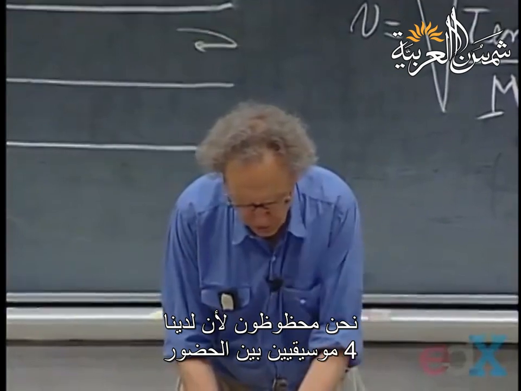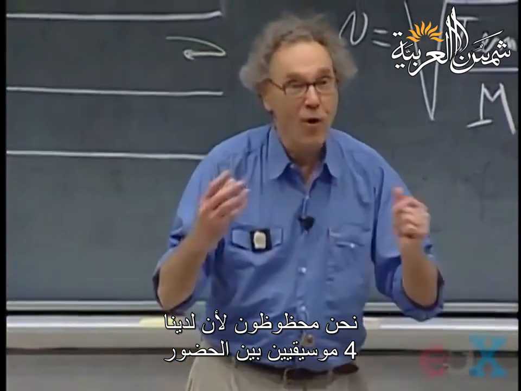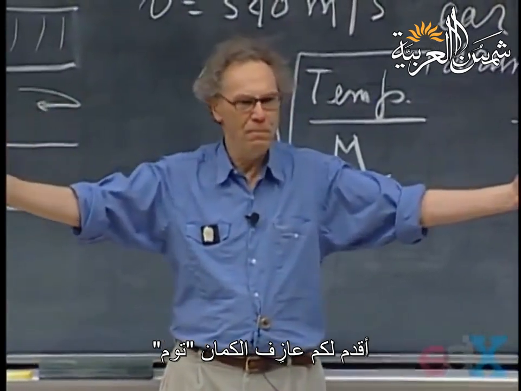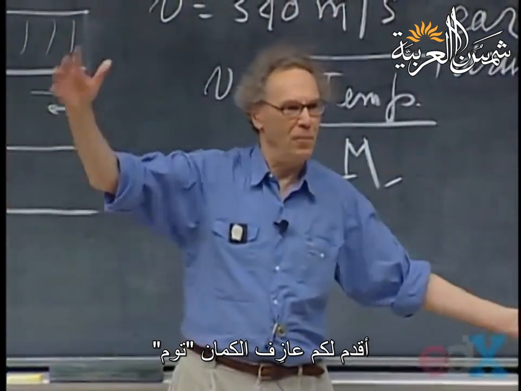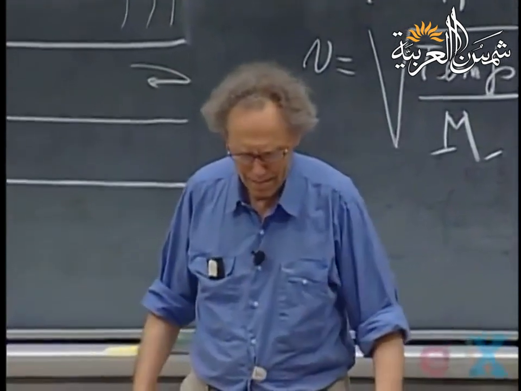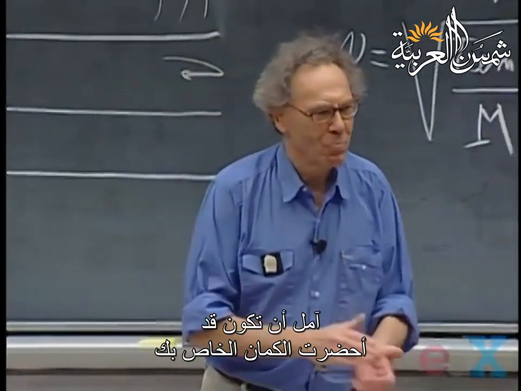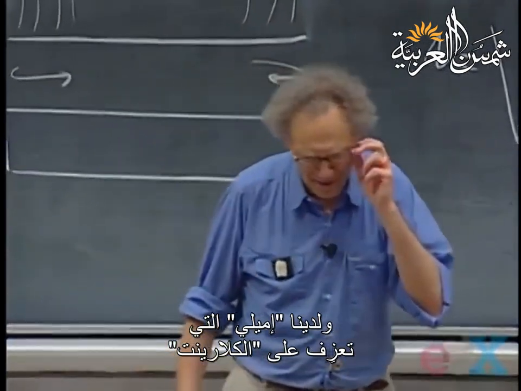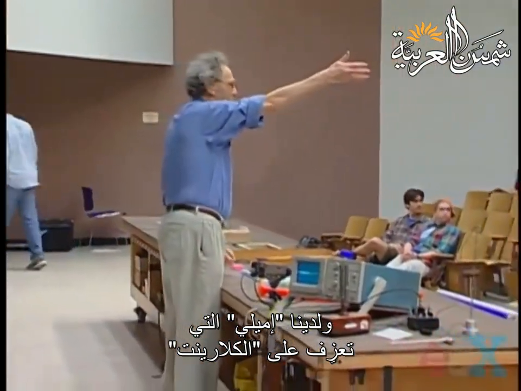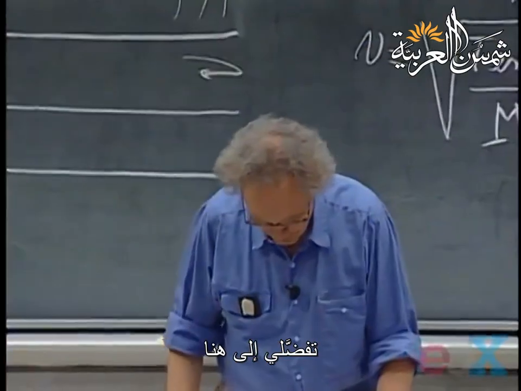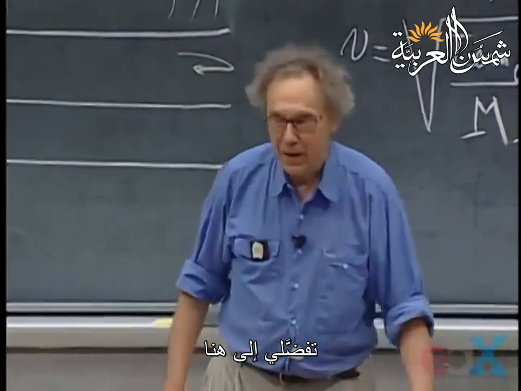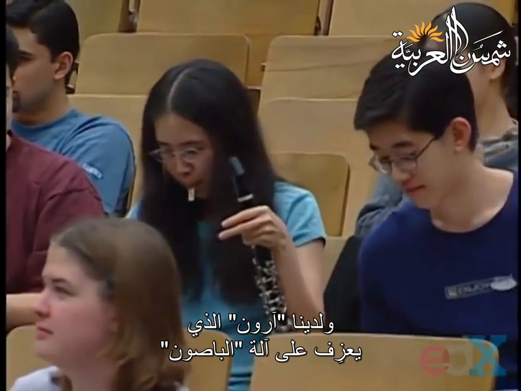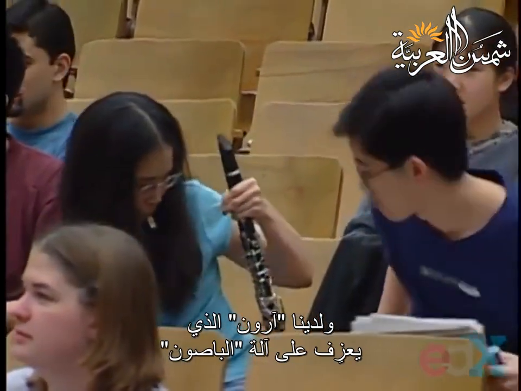And so we are so fortunate that we have 4 musicians in our audience. Tom, who is the violinist. Where is Tom? There is Tom. I hope you brought your violin. Oh, you got it there. And then we have Emily, with the clarinet. So if you come this way, Emily. And we have Aaron. Aaron has a bassoon.